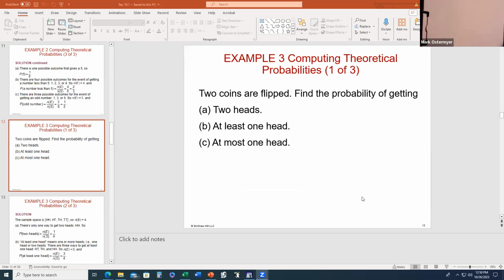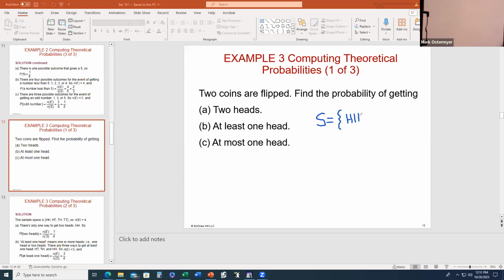All right, now suppose that we flip 2 coins and we want to compute the probability of flipping 2 heads, or at least 1 head, or at most 1 head. Well, what would be the sample space of flipping 2 coins here? If we flip 2 coins, on coin number 1 we could flip a head, and on coin number 2 we could flip a head.